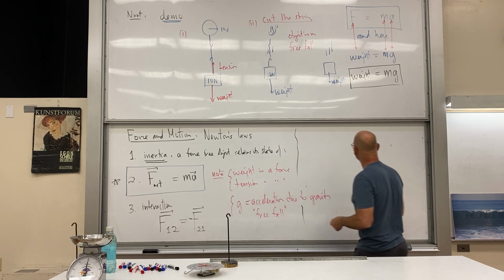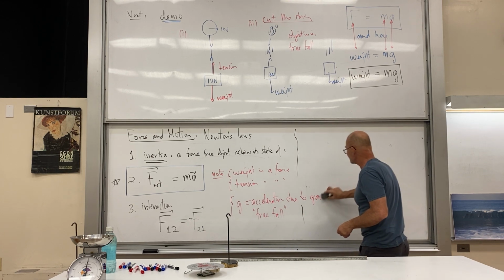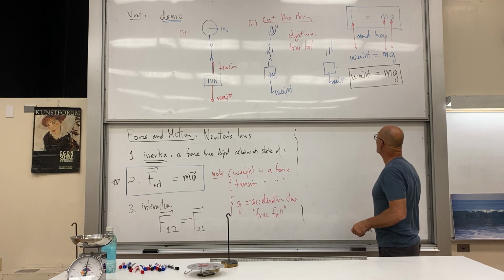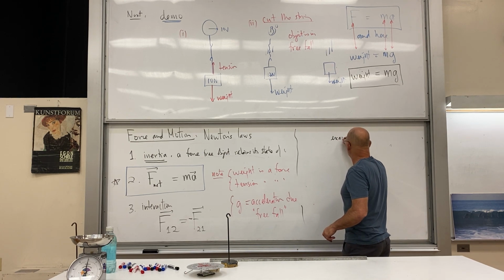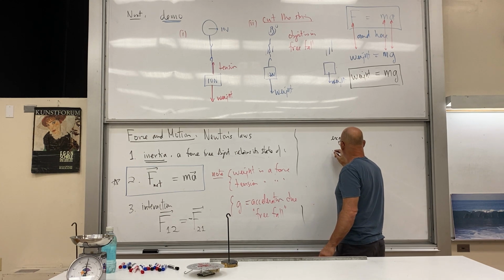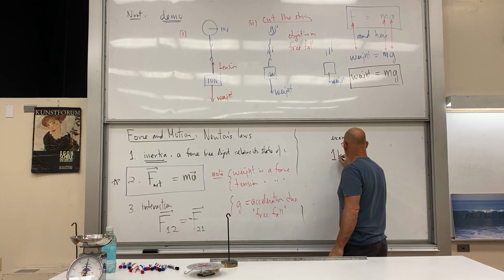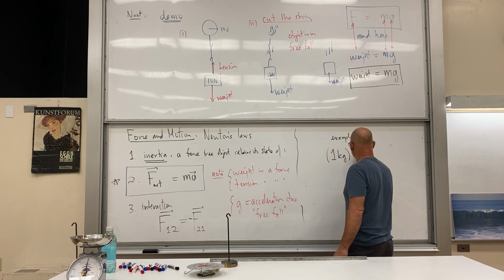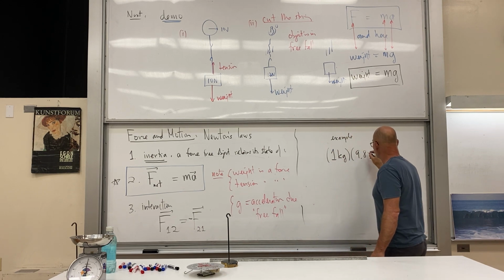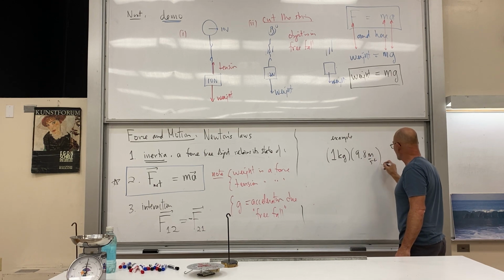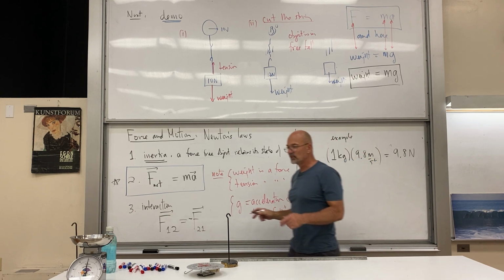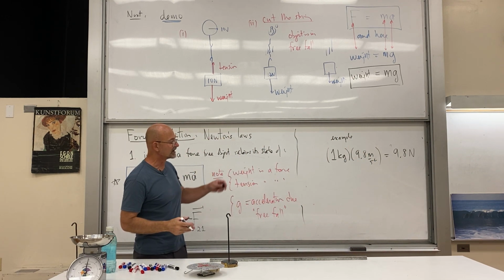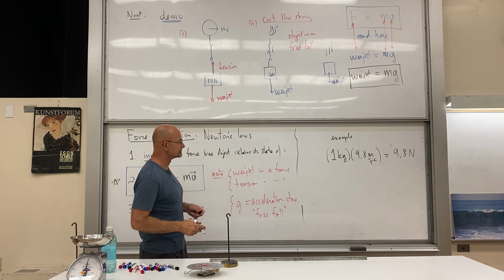The example: 1 kilogram times 9.8 meters per second squared. So that's 9.8 newtons. Okay, I always was saying 10, very, very close, right? 9.8 newtons.